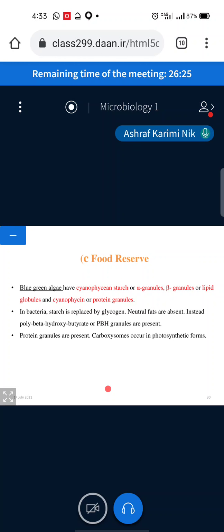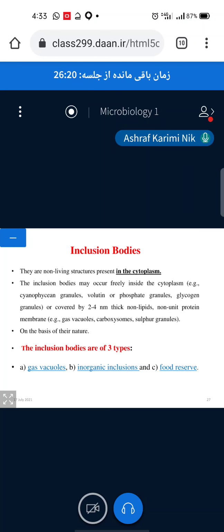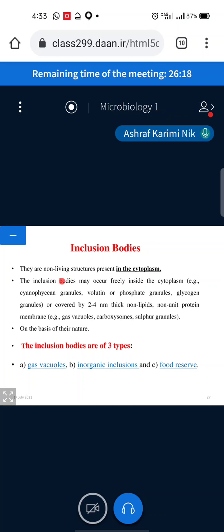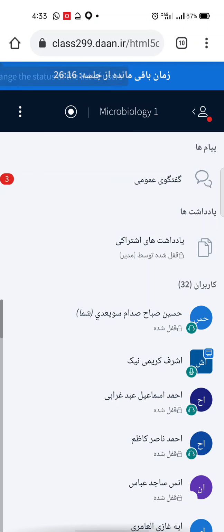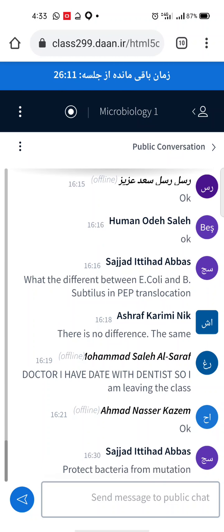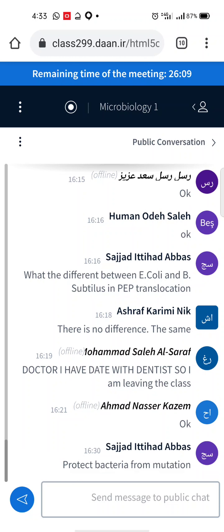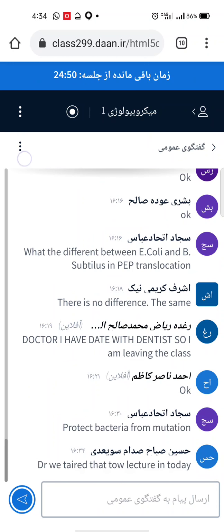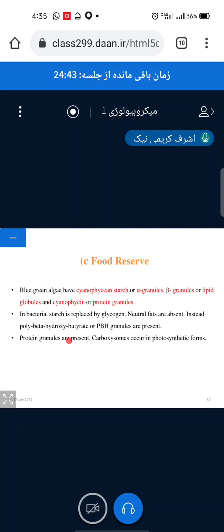C. Food reserve. In past slides, I spoke about inclusion bodies: 1, gas vacuoles; 2, inorganic inclusions; and 3, reserves. Natural fats are absent. Instead, poly-beta-hydroxybutyrate or PHB granules are present.